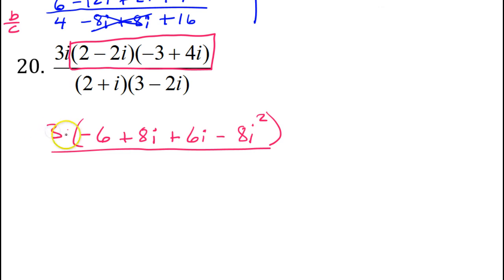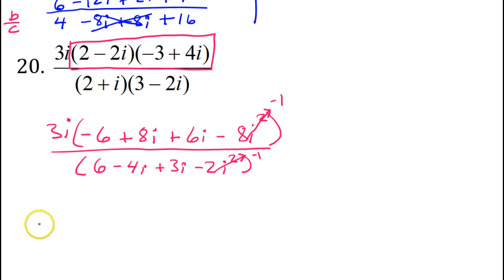Okay, and then I still have the 3i out there. Let's double distribute this. Distributing the 2, I have 6 minus 4i. Distributing the i, I have 3i minus 2i squared. Okay, now the i squared is negative 1, right?